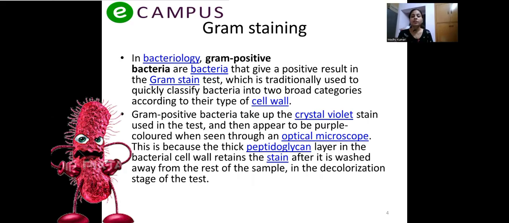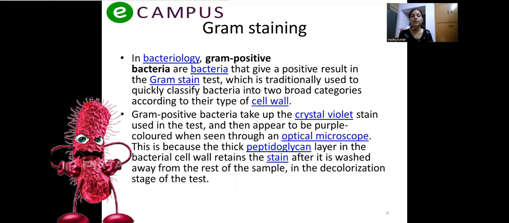So gram-positive bacteria take up the crystal violet stain used in the test and then appear purple when seen through an optical microscope.